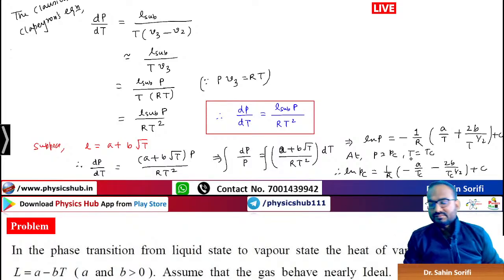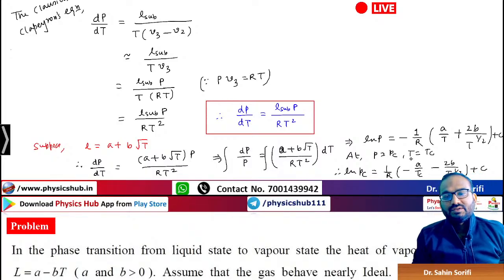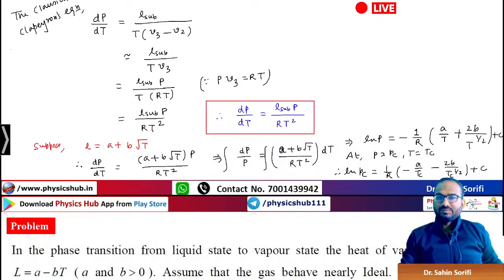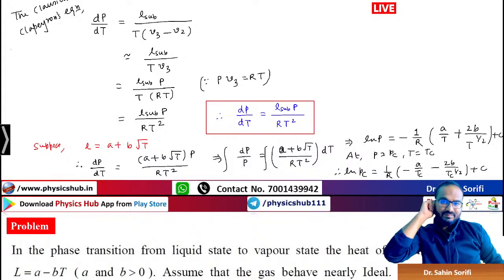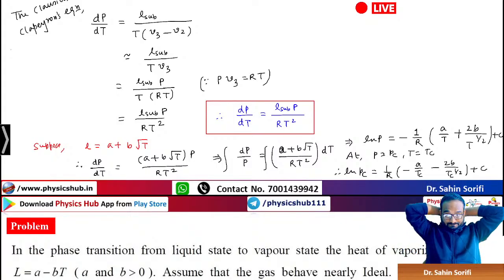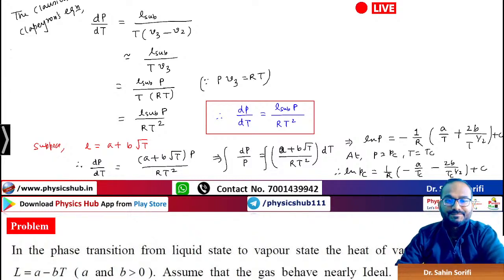In this way you can proceed with the calculation. Depending on the type of problem you will be given, you can proceed in this way. Yes, Murli, we have added P. This one we calculated with A plus B root T.